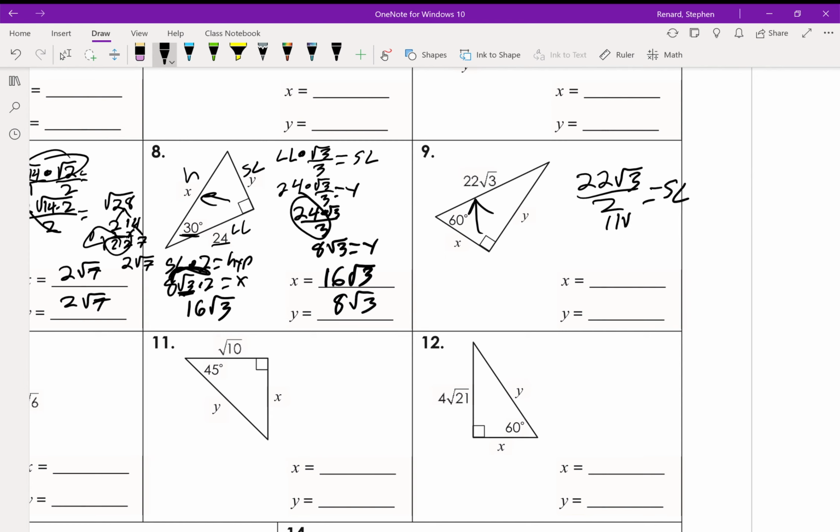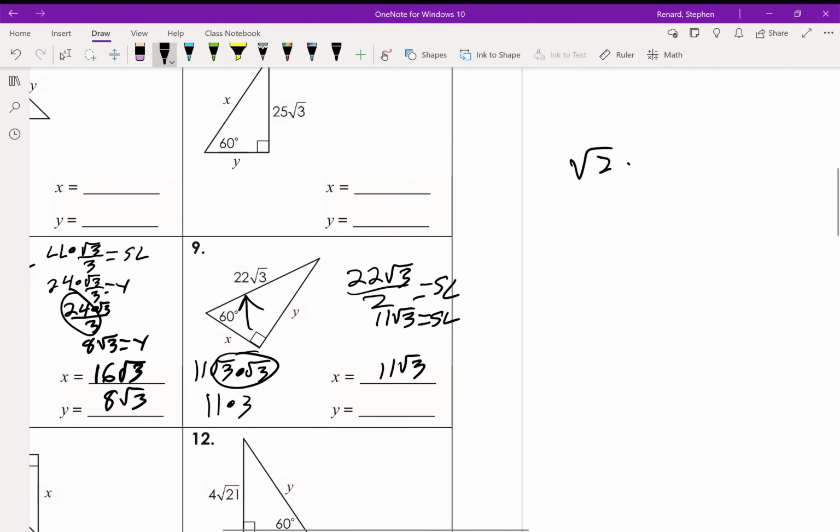So we end up with 11 radical 3 equals our short leg, which in this case is x. We then multiply 11 radical 3 by the square root of 3 to get our long leg. And notice what happens here. Whenever you multiply the square root of a number by itself, you just get whatever that number is.